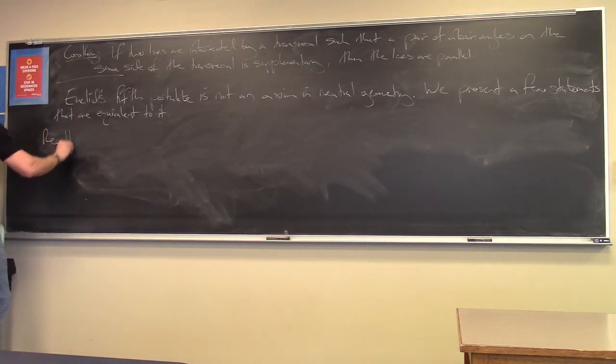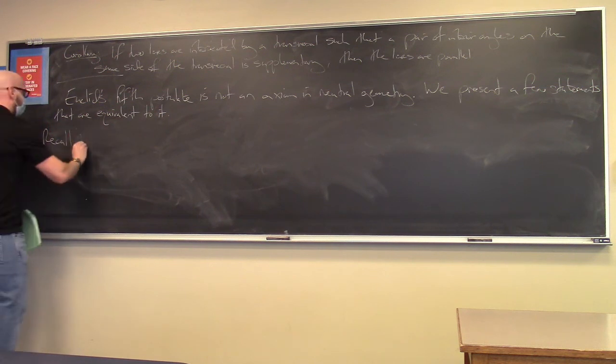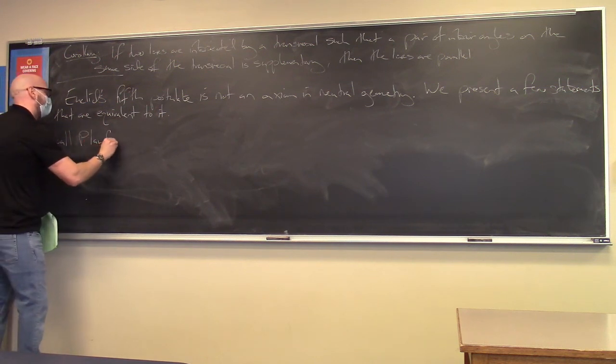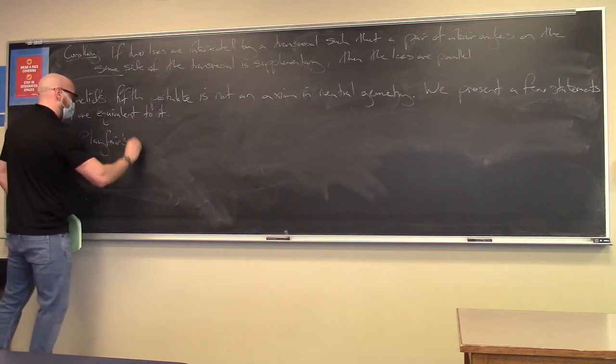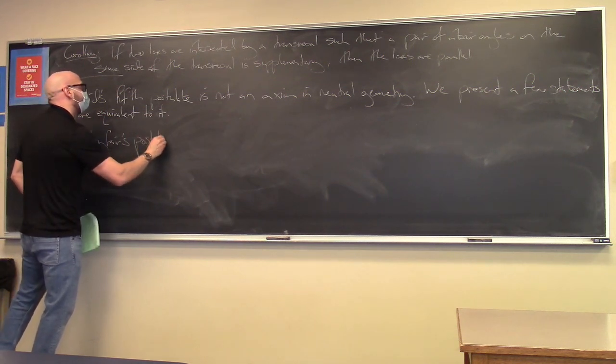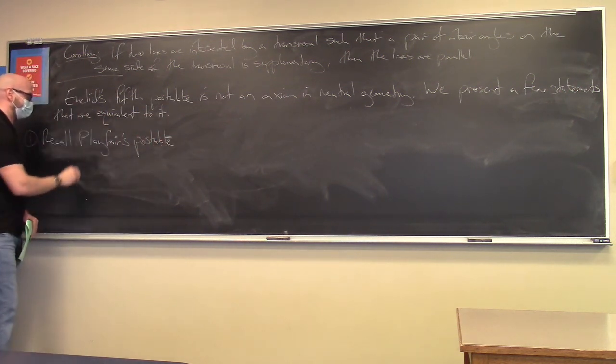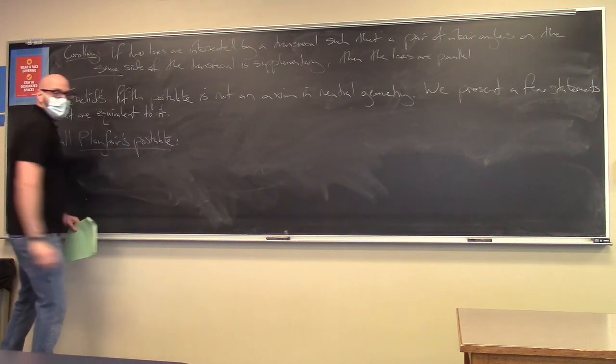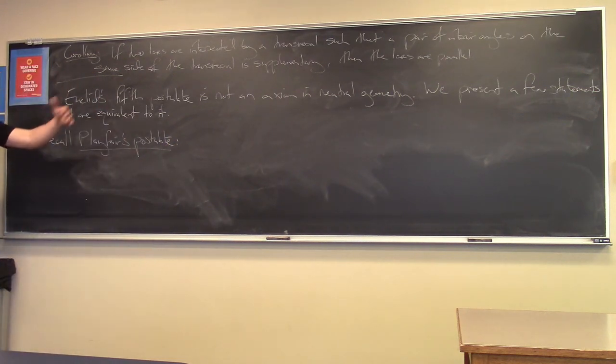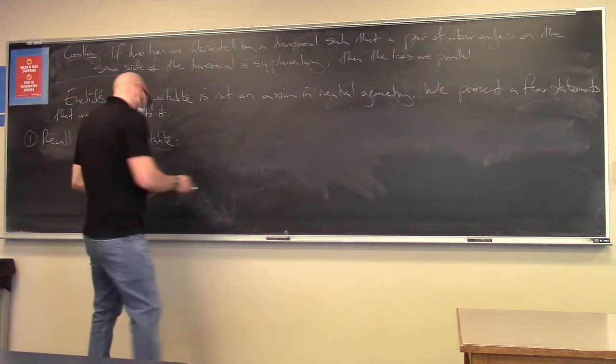So the first one, let's recall Playfair's postulate, which says if I have a line and a point not on the line, then there's a unique line through P that's parallel to the original line.